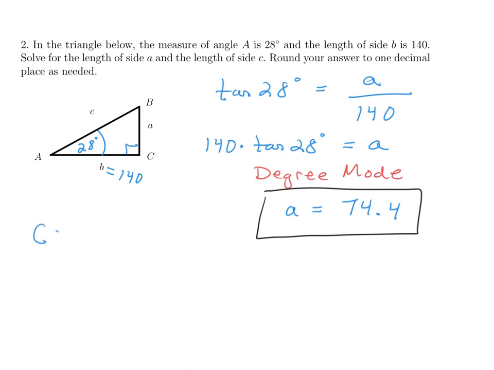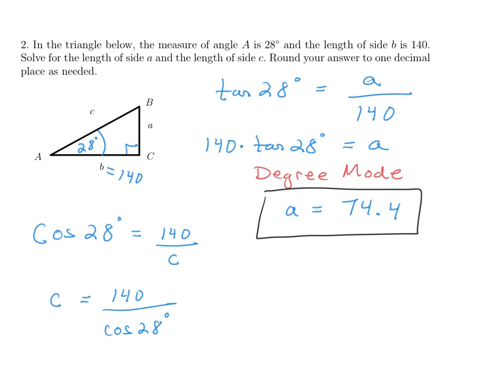So cosine of angle A, which is 28 degrees, is equal to the adjacent over the hypotenuse, which is this divided by this. In order to solve for C, what I'm going to do is interchange the place of C and cosine of 28 degrees. You can swap these. So move C over here, put cosine of 28 degrees in this denominator. So C is equal to 140 divided by cosine of 28.